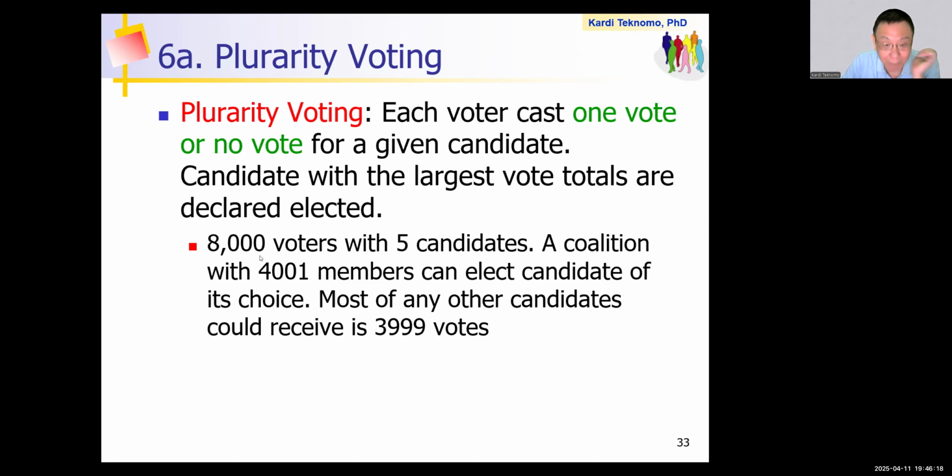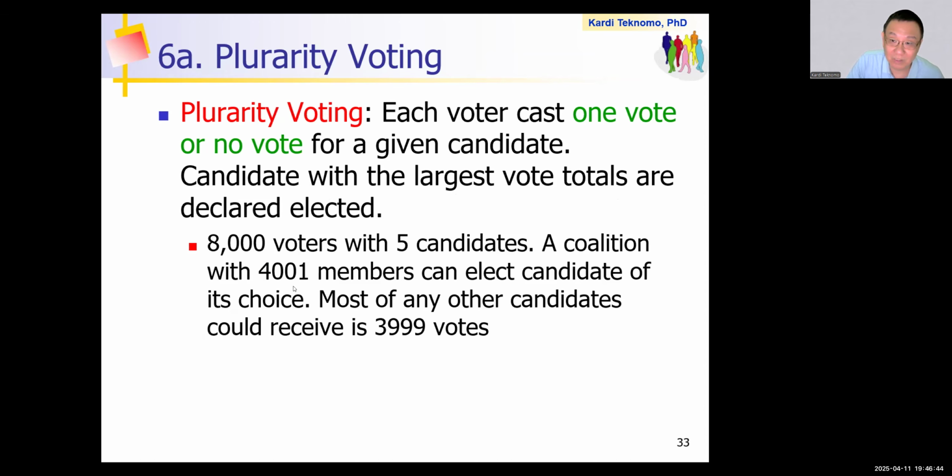See, this is an example. You have 8,000 voters choosing 5 candidates. Let's take half of that: 8,000 divided by 2 is 4,000.